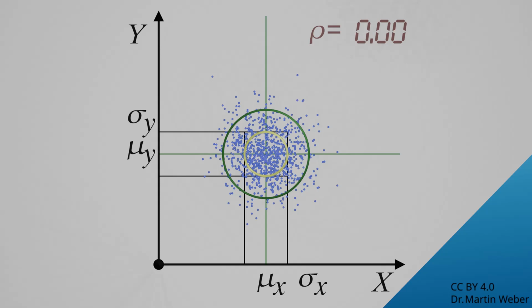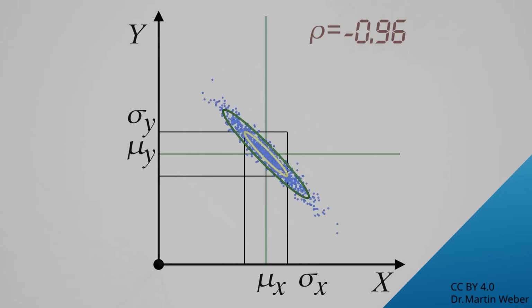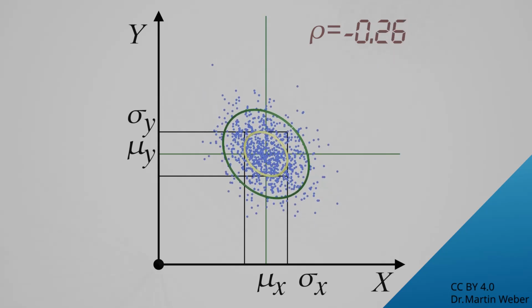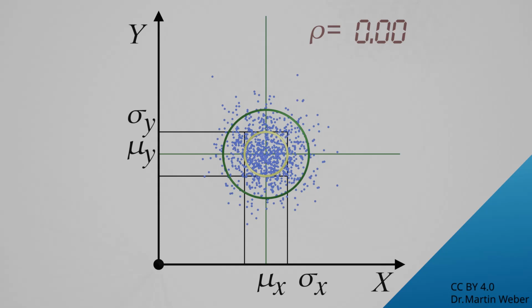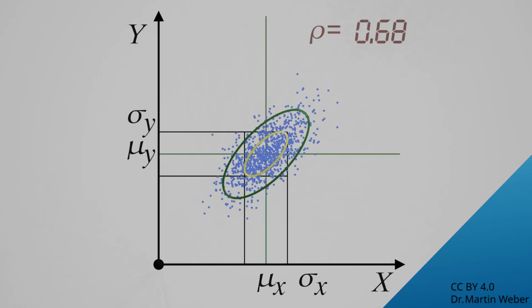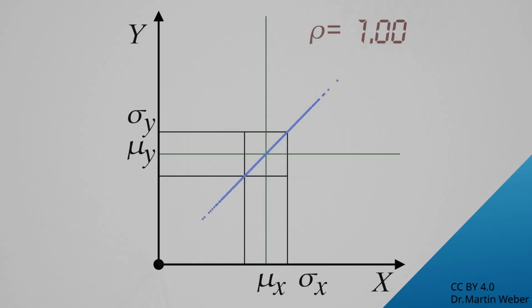The correlation coefficient can be between -1 and 1. -1 describes the anticorrelated case. This is the case if, with increasing value along the x direction, the value decreases along the y direction. The correlation coefficient 0 represents the uncorrelated case, where x and y values are independent, and the value 1 represents the fully correlated case.